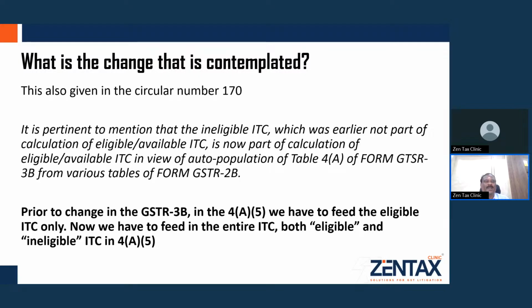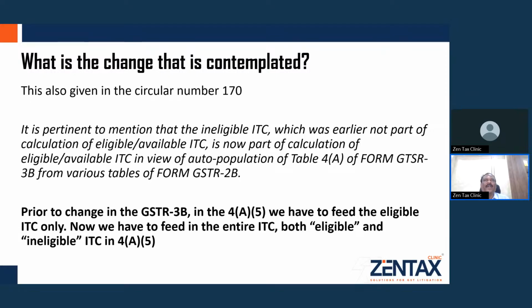It says: it is pertinent to mention that ineligible ITC, which was earlier not part of the calculation of eligible ITC, is now part of the calculation of eligible available ITC. So ineligible ITC also now becomes part of the auto-populated amount in 4A. From GSTR 2B, it is getting auto-populated in 4A. That is the stress point.